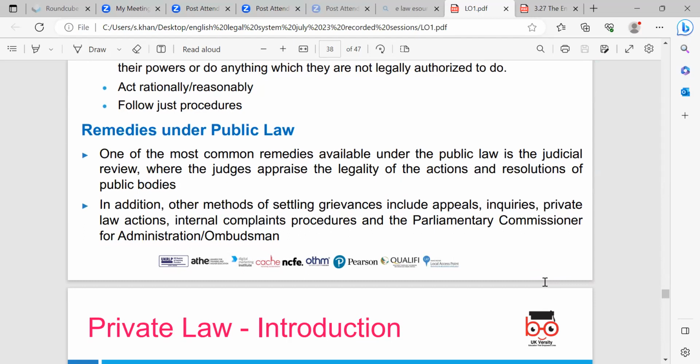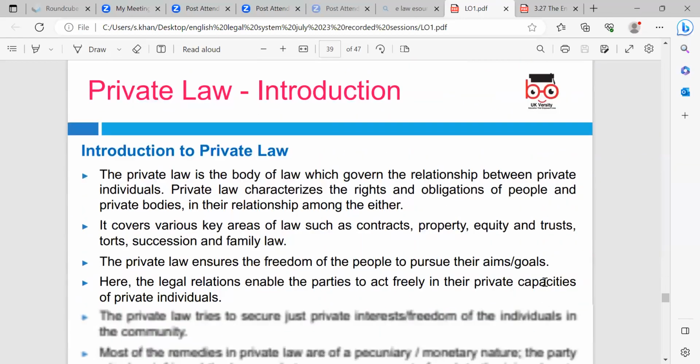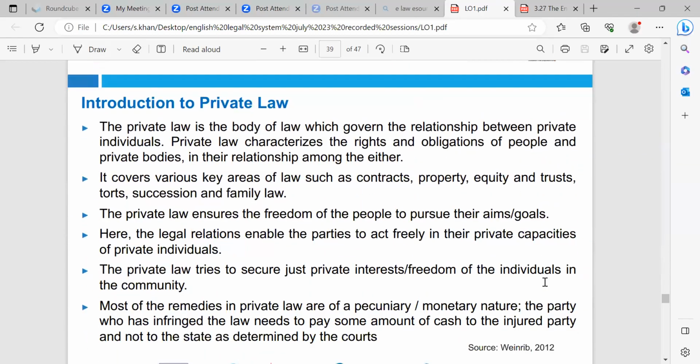Then we go on to the next element of it, which is private law. So, introduction to private law. Private law is the body of law which governs the relationship between private individuals. Private law categorizes the rights and obligations of the people and private bodies in their relationships among themselves.